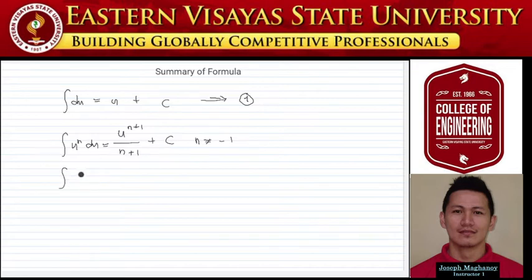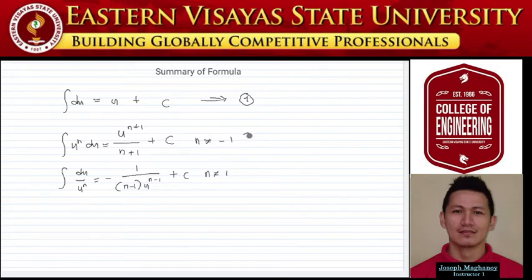Or in other form, the integral of u raised to n du is equal to negative 1 over n minus 1 times u raised to n minus 1 plus c. This is true if your n is not equal to 1.